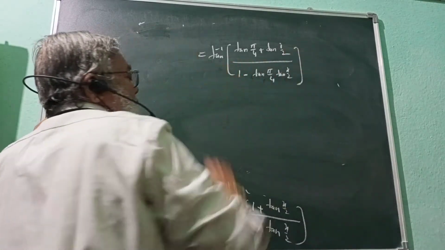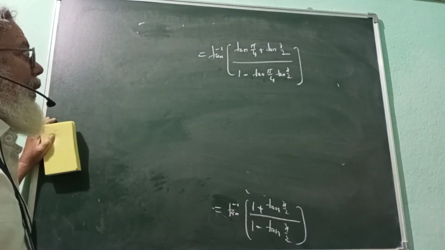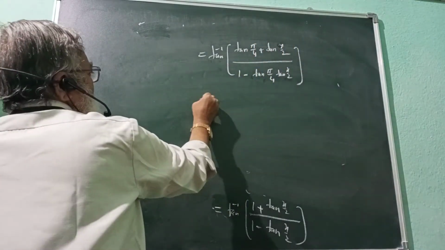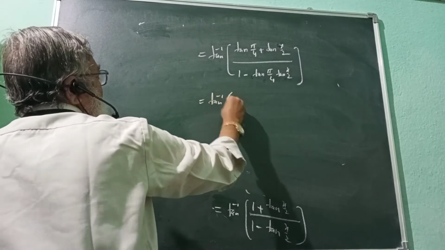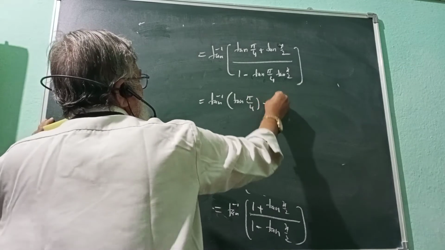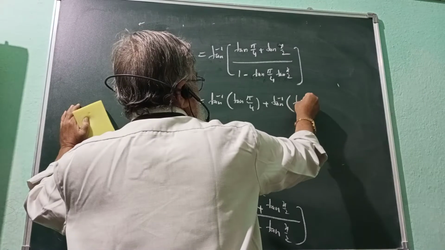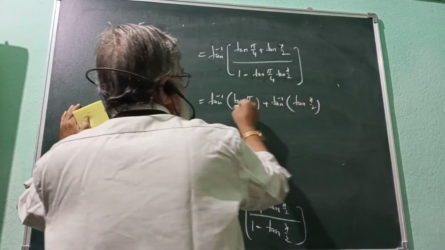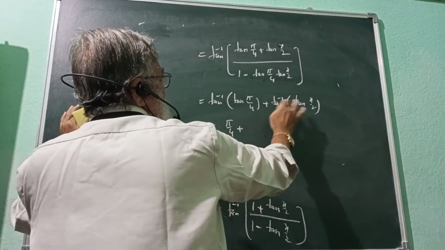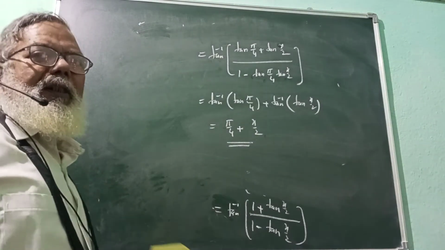But see this, it is of the type tan inverse of x plus y divided by 1 minus xy. So here it is given by the formula tan inverse x, x meaning tan pi by 4, plus tan inverse of y, which is nothing but tan x by 2, and here tan and tan inverse cancel, pi by 4 plus x by 2. This is the simplified form of the given problem.